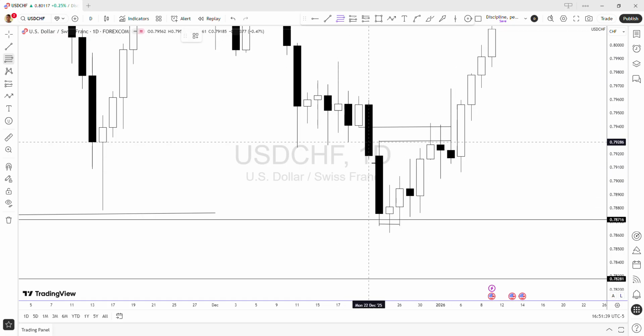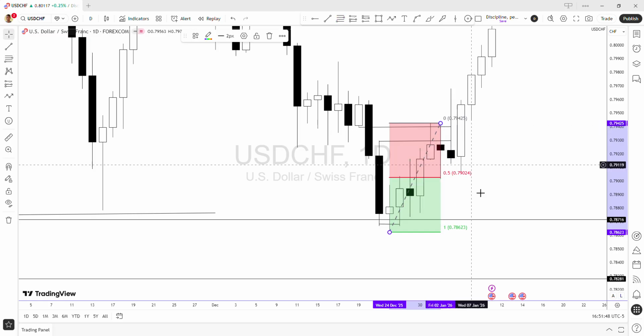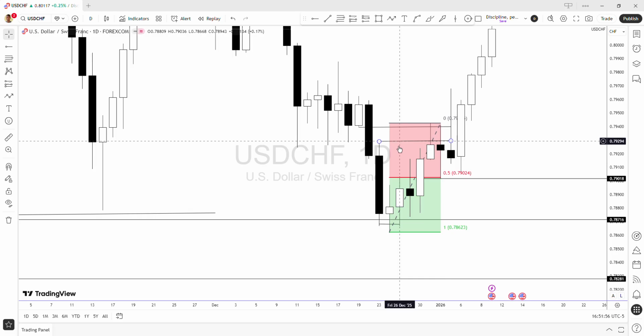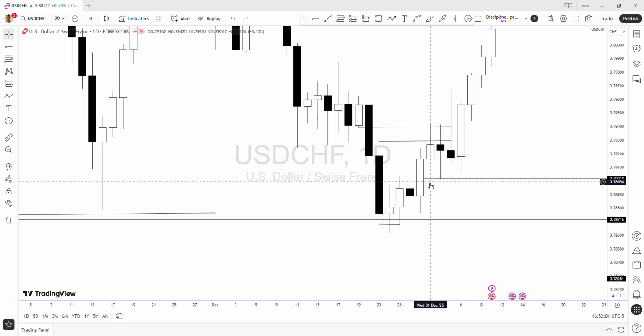It just came to at least 50% of the range, if I'm not mistaken. Yes, it came right into the 50% of the range, which is very important. At least 50% of the range is reasonable, right? So you see 50% of the range which the market produced.